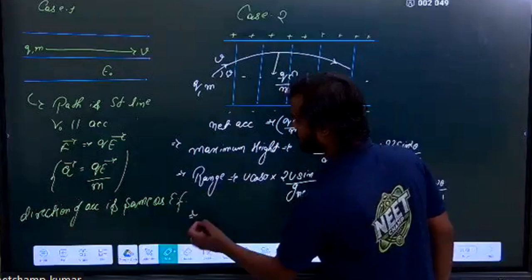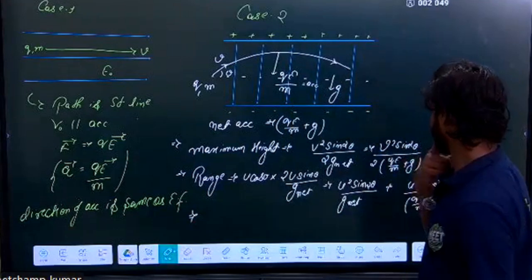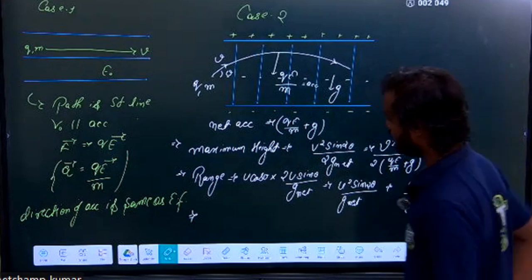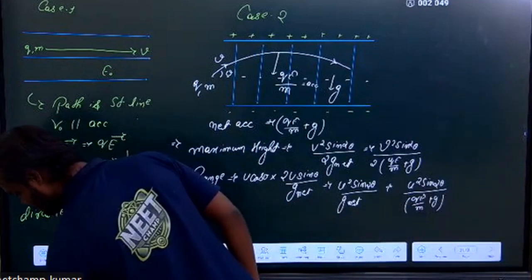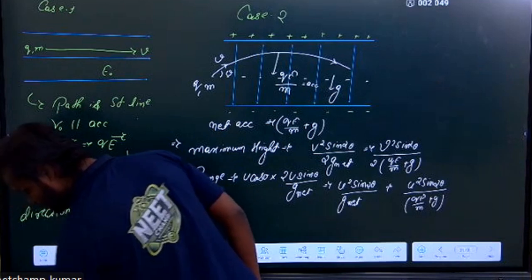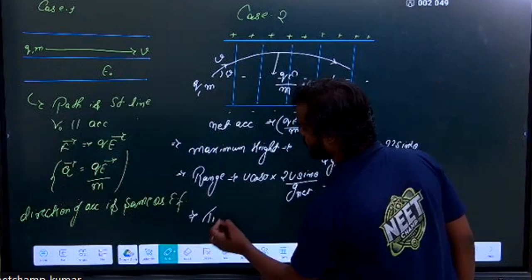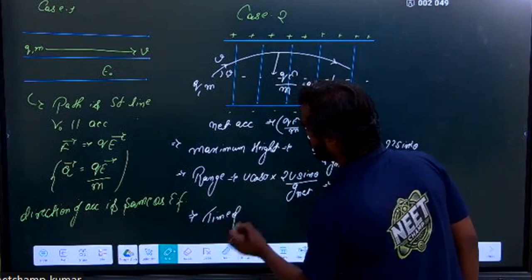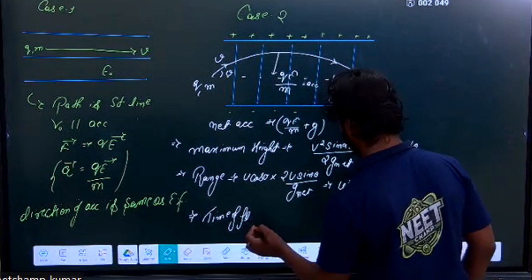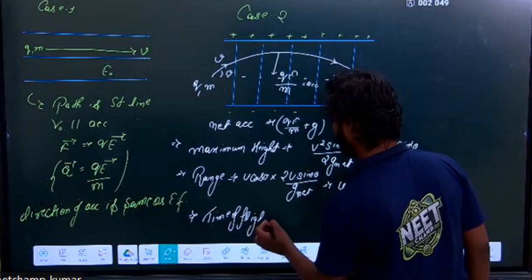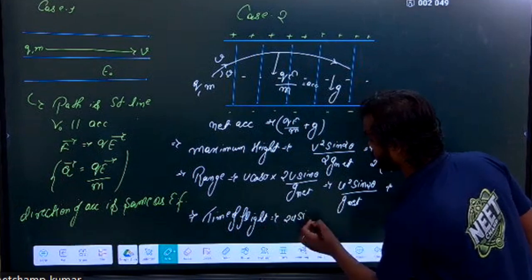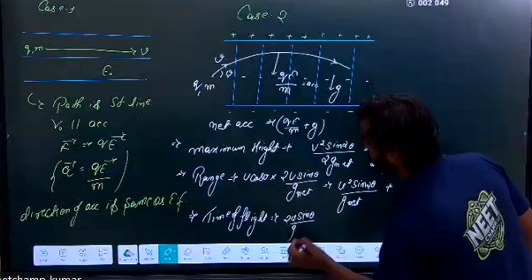Second, what is the other thing left? I think everything is covered. Maximum height, range, and time of flight. Yeah, time of flight. Time of flight is 2u sine theta by G net.